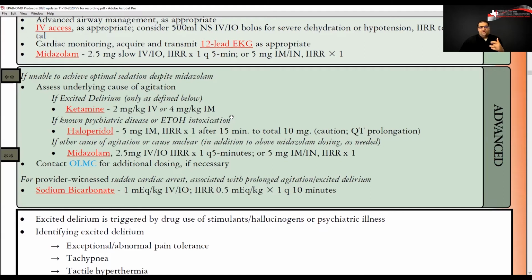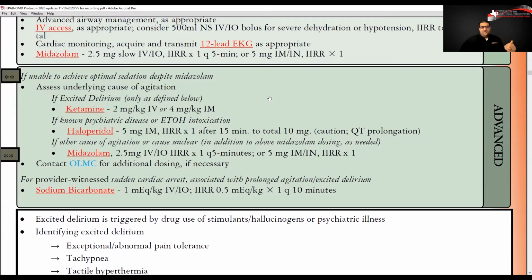And then for everyone else, including anyone that you're really not sure what's going on, if they don't point totally towards a psychiatric disease or totally towards excited delirium, then you can go ahead and use further midazolam. Because I'd rather you continuously give benzodiazepines and sedate someone in a relatively cardiac safe fashion than anything else.